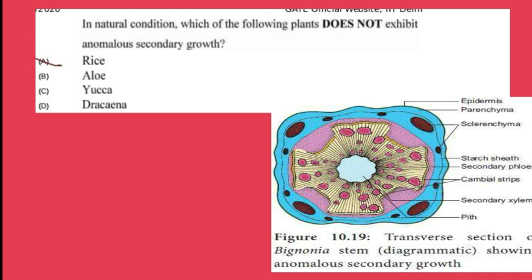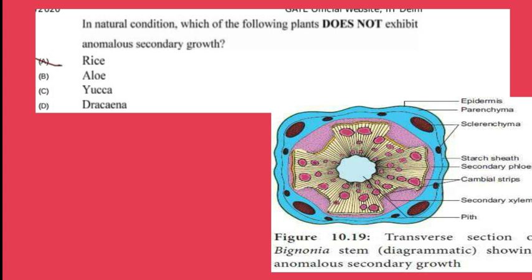It is mainly observed in some monocots such as Dracaena, agave, yucca. These are examples of the plants: Dracaena, yucca, and aloe or agave.